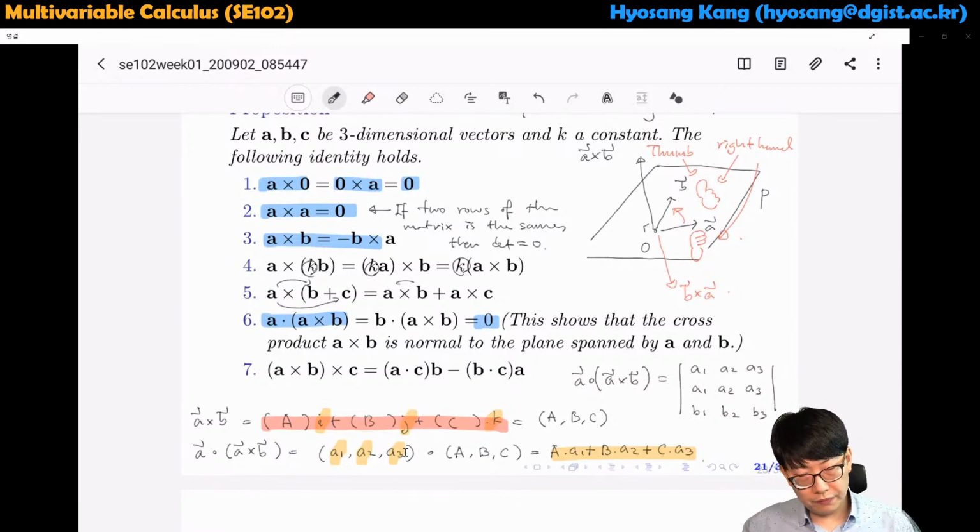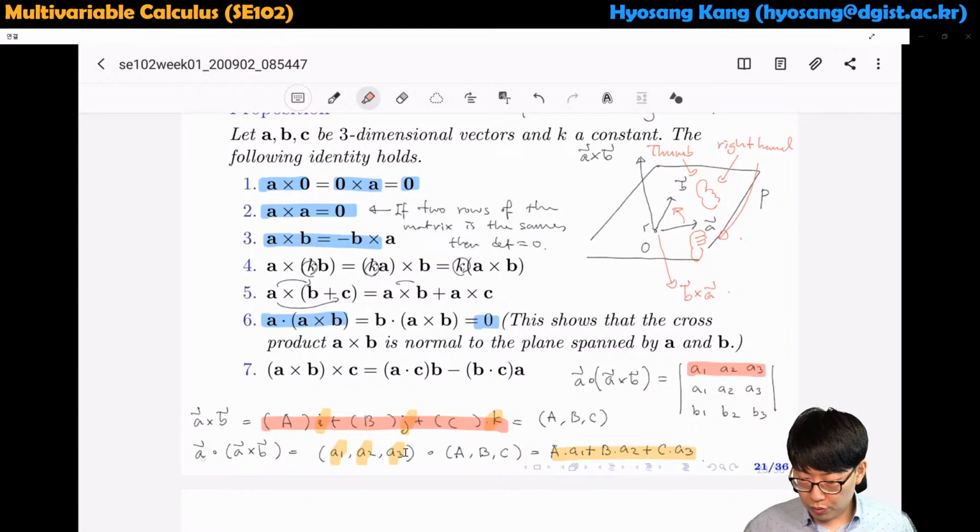So if it's confusing, then just forget about what we are doing here. Think about the definition of cross product again. In the first row we used I, J, K, right?